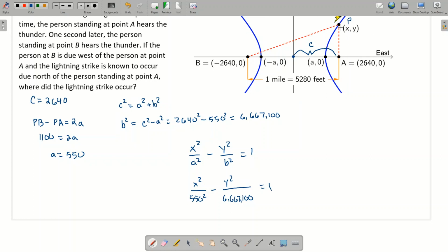So what we want to know is we just want to find that distance there. So to find that distance, all we need to do is plug in this point. Plug in not the y, we just need to plug in the x coordinate and get the y coordinate.